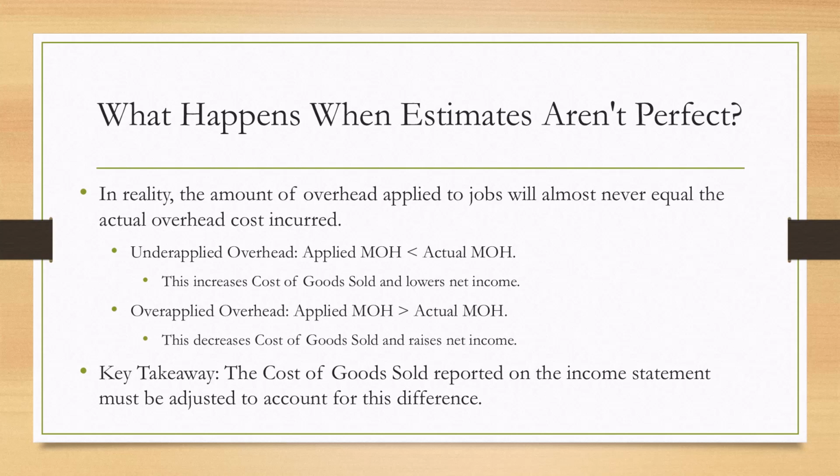This difference must be accounted for by increasing the cost of goods sold, which in turn lowers net income. Conversely, if the applied overhead is more than the actual overhead, we have over-applied overhead. This will decrease the cost of goods sold and increase net income. The key takeaway is that the cost of goods sold on a company's income statement must be adjusted at the end of the period to account for any under or over-applied overhead.